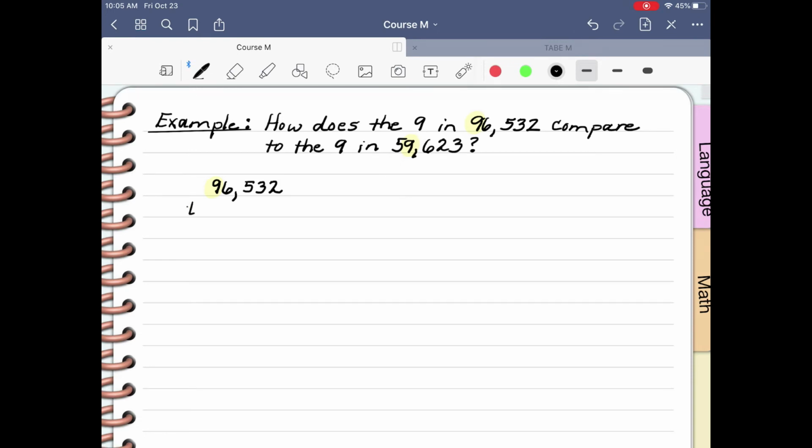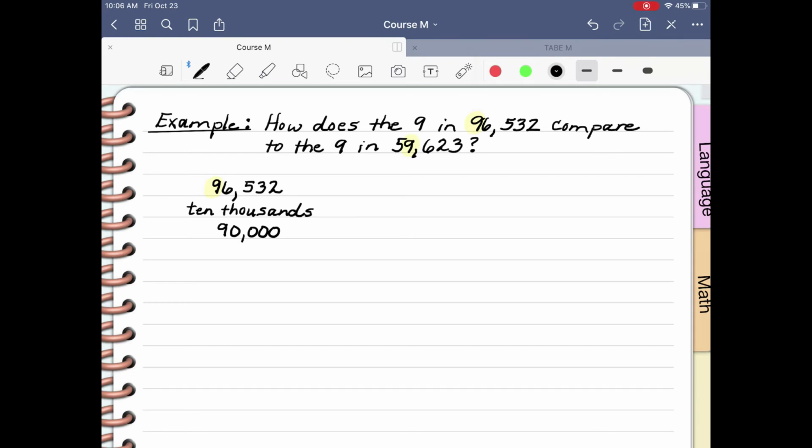So I'm just going to write the 10,000s place name down here. If you count these off, you start at your 2 and you would have ones, tens, hundreds, comma, thousands, 10,000s. So 9 in the 10,000s place is 9 with 4 zeros. That is 90,000. 9 10,000s.